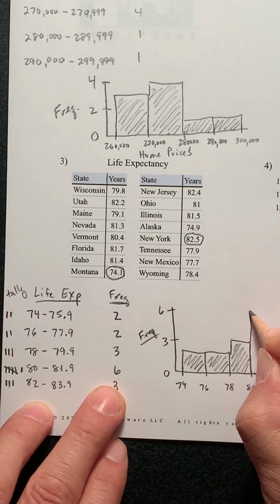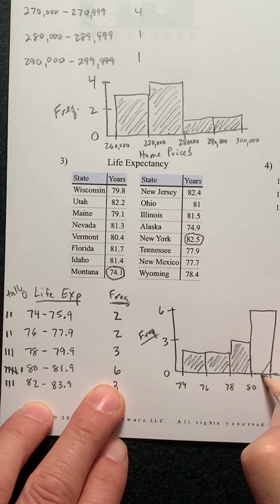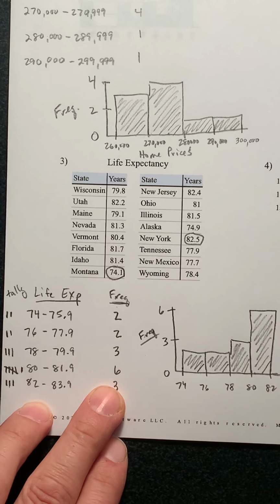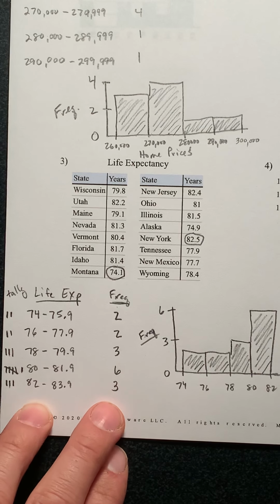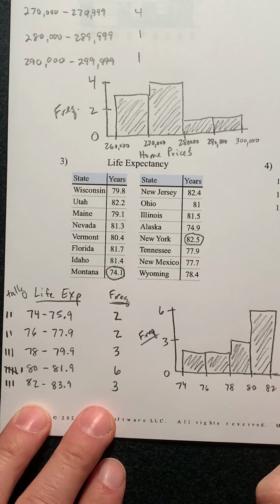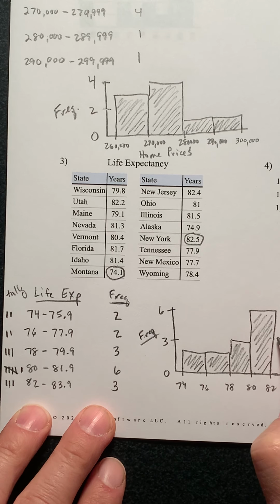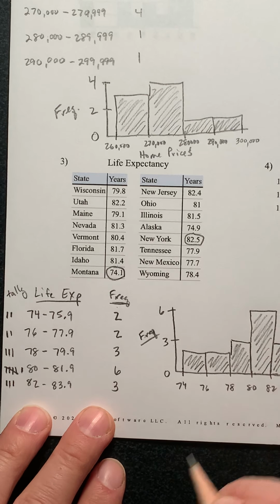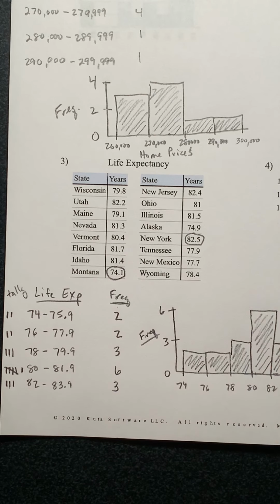Got to go as high as 6 for the 80 to 81.9, and then the 82 to 83.9 is going to be a height of 3 again, like that. There's our histogram.